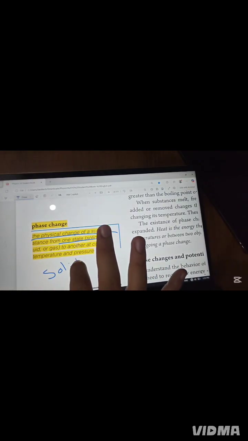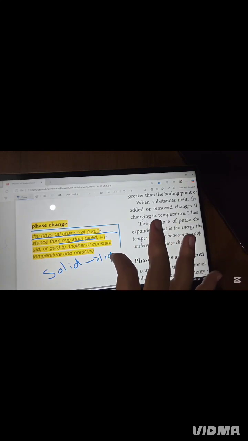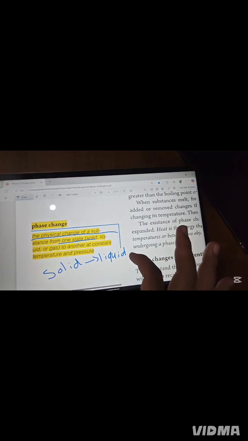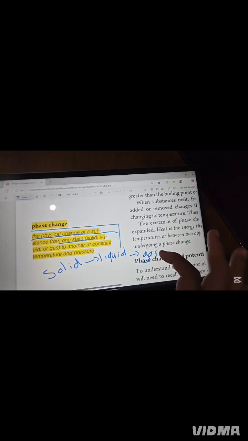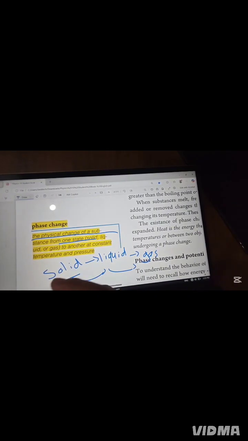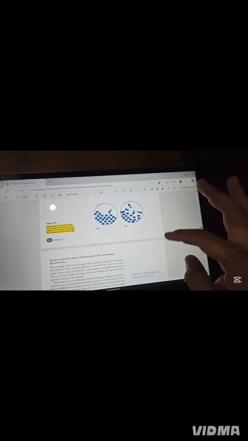If you want to convert the state of the matter from solid to liquid, then to gas, this is called phase change, a physical change of the substance from one state to another, either from solid to liquid or from liquid to gas. So this is called phase change.